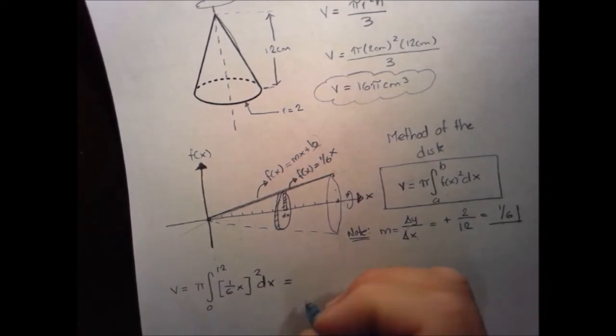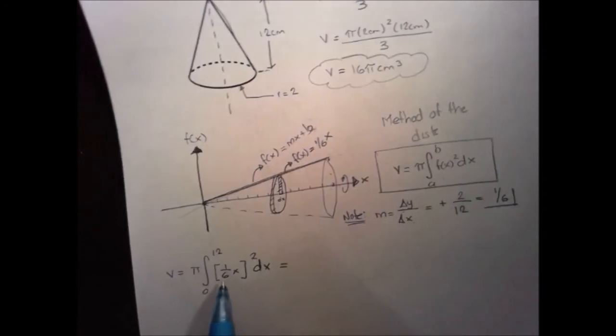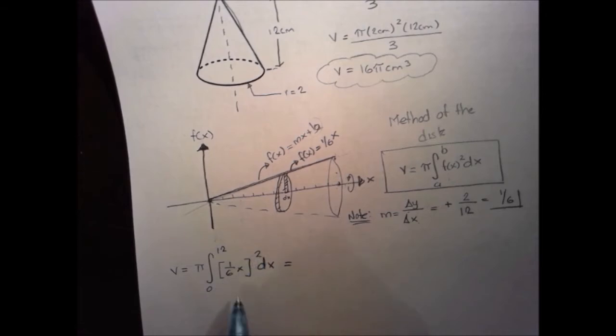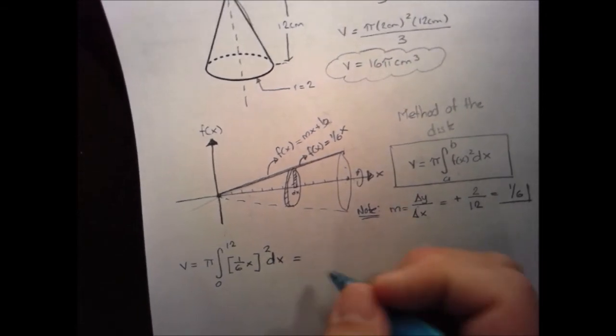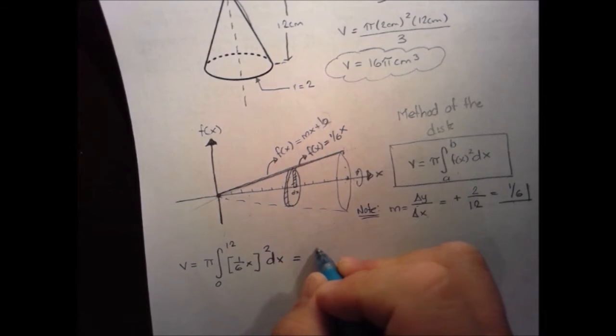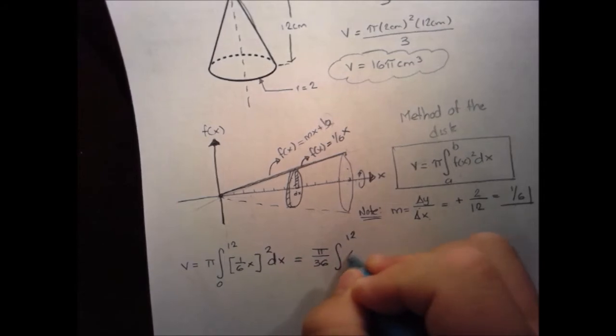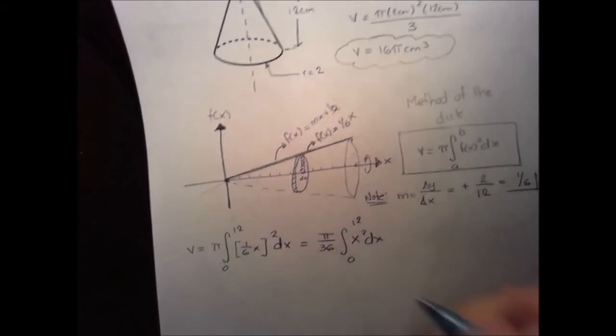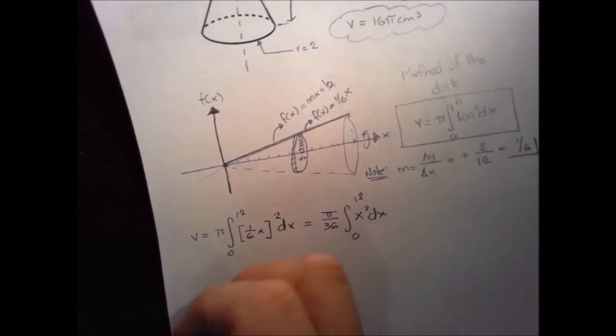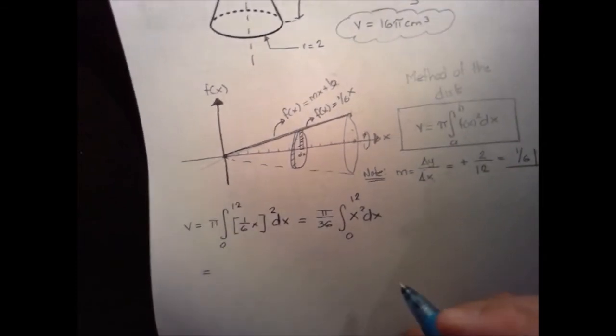Good. First of all, let's start with the constant. 1/6 squared is 1 over 36, and I'm going to put it over here, pi over 36, outside of the integral from 0 to 12 of x squared dx. Now the integral is going to be possible to develop.